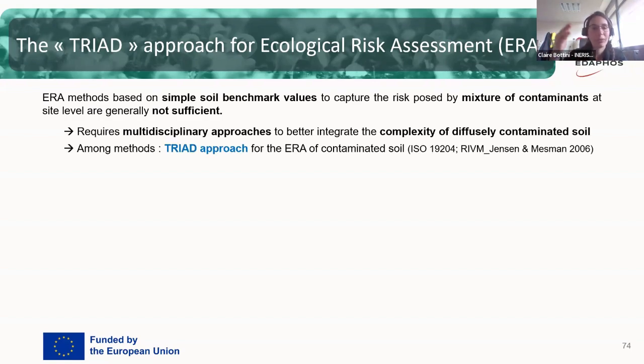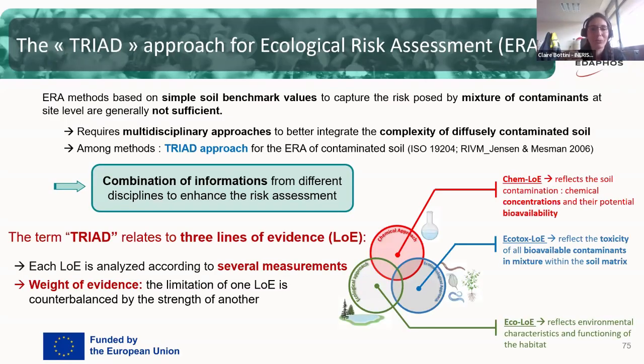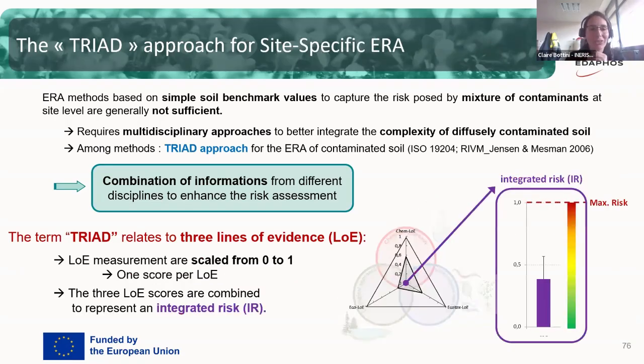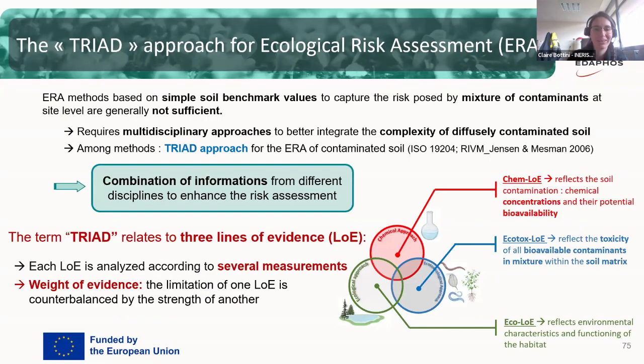I think you can show the whole slide, that would maybe be easier. So yes, to go further and progress on this issue, we use this triad approach because it integrates multiple types of information.